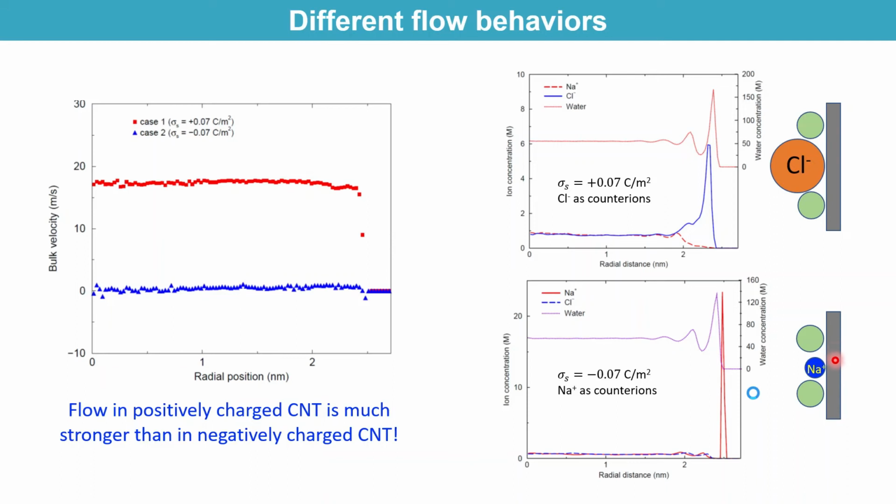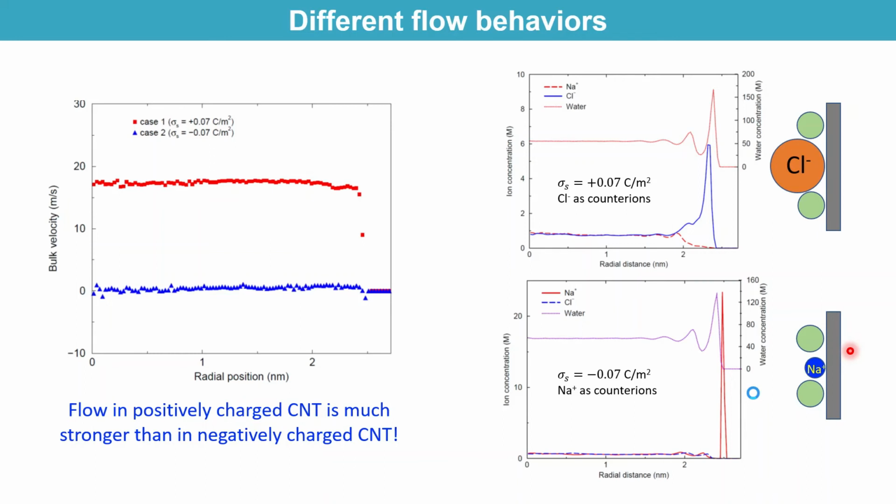However, because their size is smaller compared to the water molecule, we see that their location is actually closer to the wall than the first water layer. So this will make it more difficult for the water molecule to lubricate the sodium ion's movement. And this turns out also to have some interesting consequences.